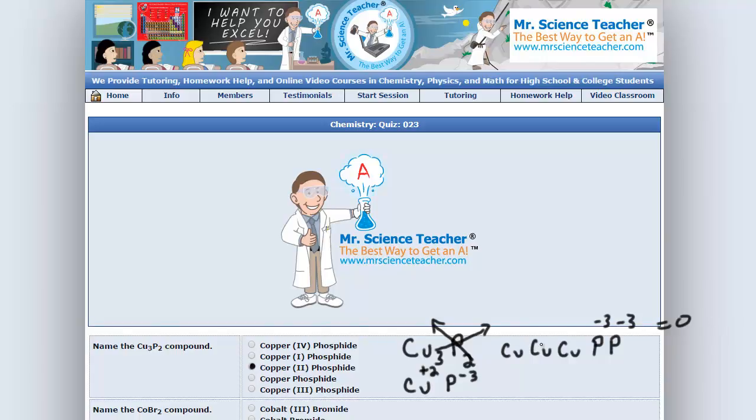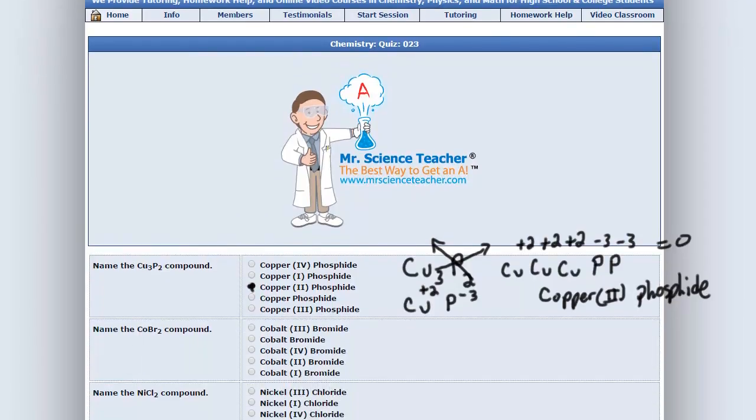What could this possibly be? Well, since they all have to have the same charge, they all have to be +2s. So we're going to get copper 2 phosphide right here. So we have lots of tools to work with to get our answers.